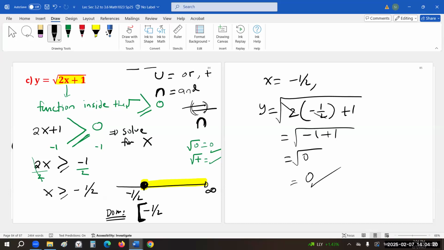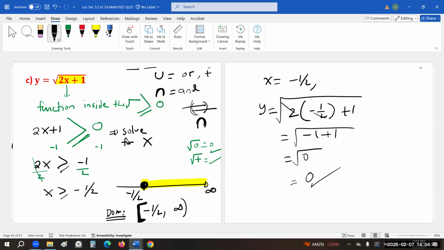And since we can, it's bracket. And what is the largest number we can plug in for x? Infinity. And infinity always gets parentheses. It gives us a number we don't know what is. So any infinity sign comes with a parenthesis. Even if it's negative.